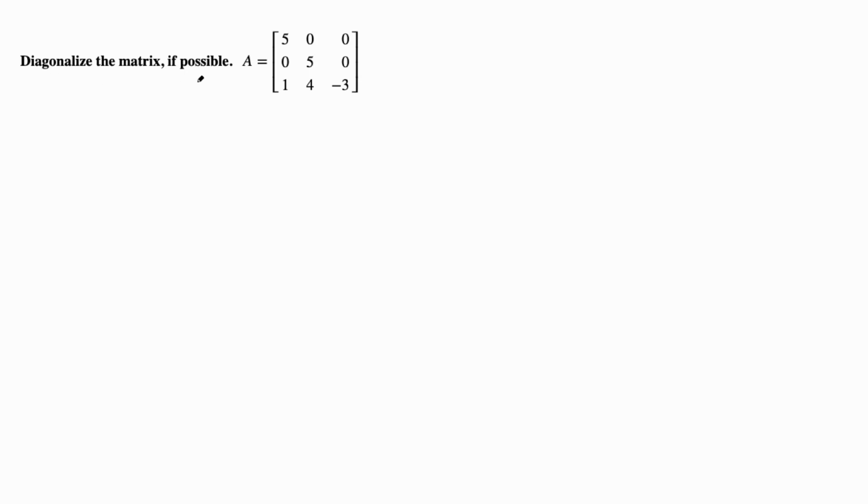Diagonalize the matrix if possible. So we are given this matrix. Diagonalize means, if this is eligible to diagonalize, we find a diagonal matrix similar to A and a matrix P of eigenvectors.